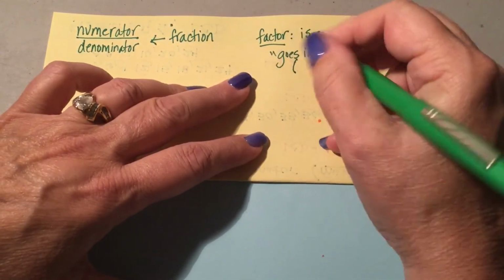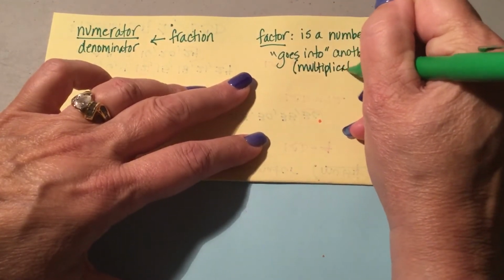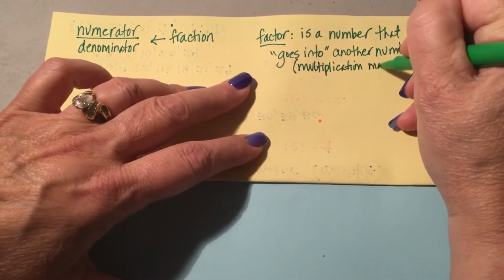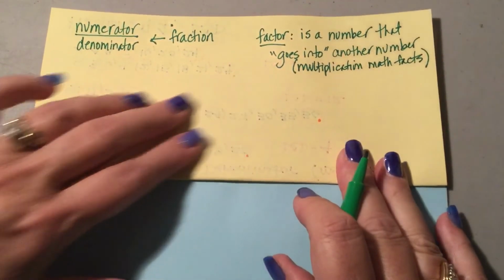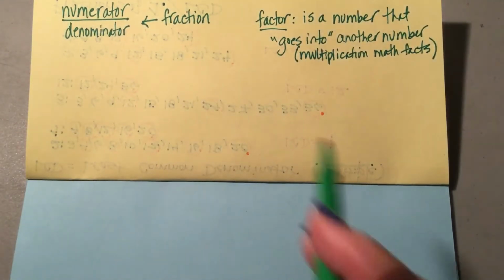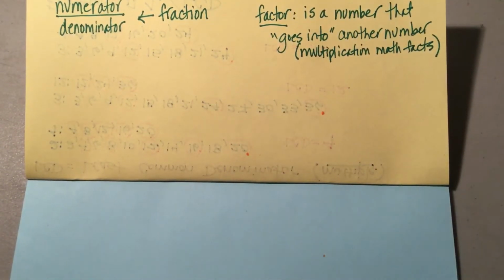So we're looking for multiplication math facts. Okay? So that's what we're looking for. That's where the word factor comes from. They're math facts. We're looking for some math facts.